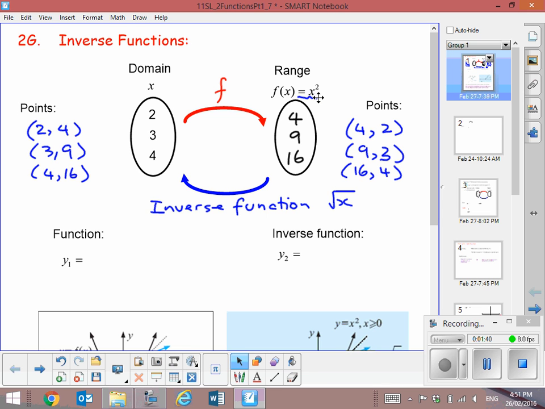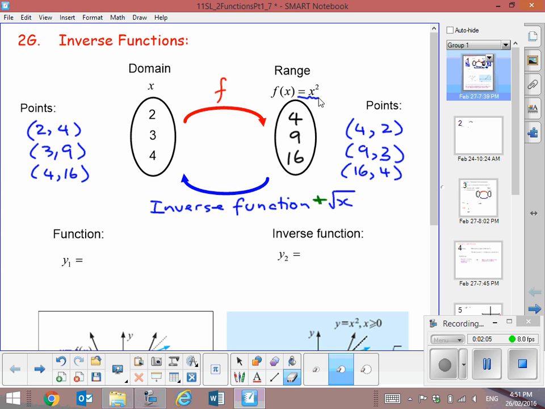The important thing to realise here is that we want to take the positive square root only, because we want to end up with 2, 3 and 4, not minus 2, minus 3 or minus 4. So this is the domain for this function. And here is our range for the function.